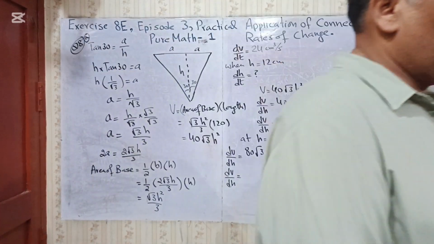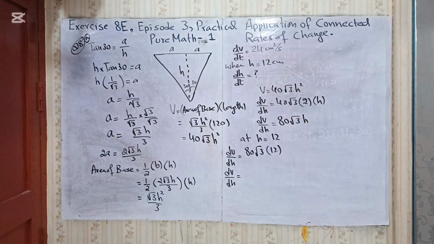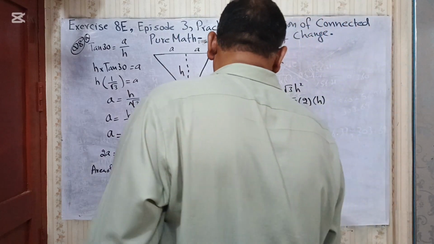So when h is equal to 12, the value of dV by dH will become 80 under root 3, and the value of h is 12. So 12 and 80 will be multiplied, 12 into 80.